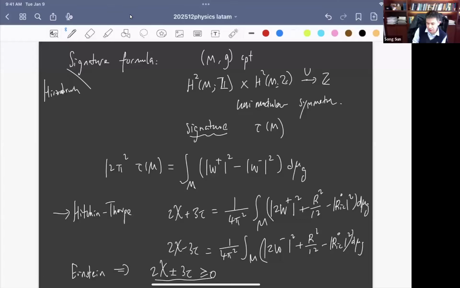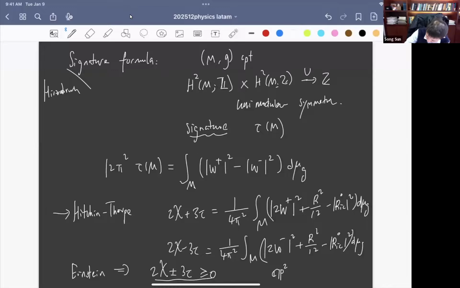And this already rules out some examples. If you take CP2, four-dimensional, this has the Fubini-Study metric, which is Einstein, and it has Euler number 3, and the signature is 1.